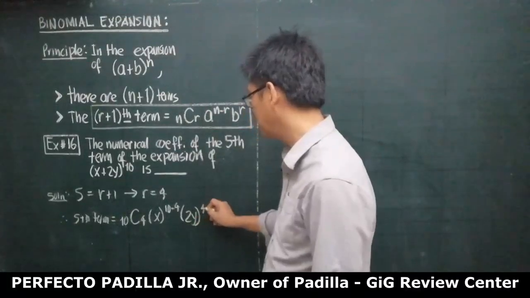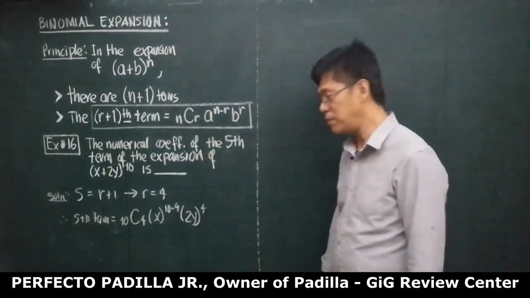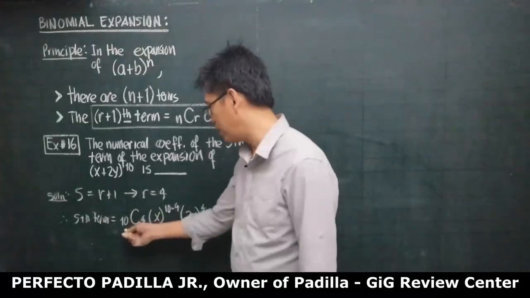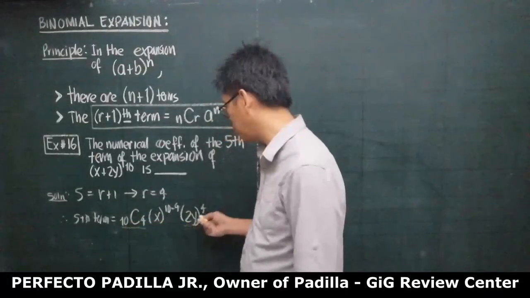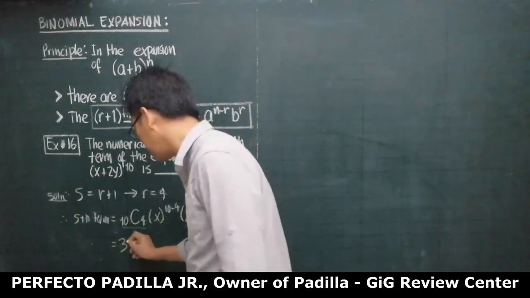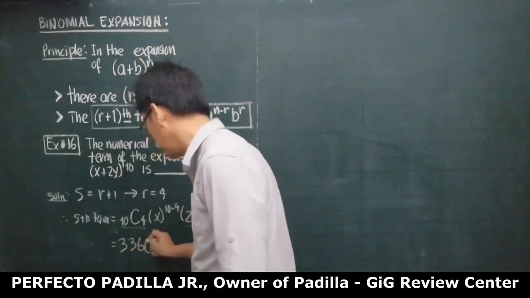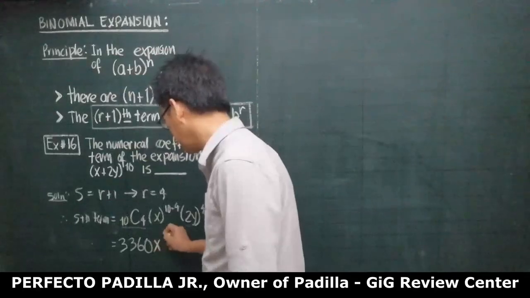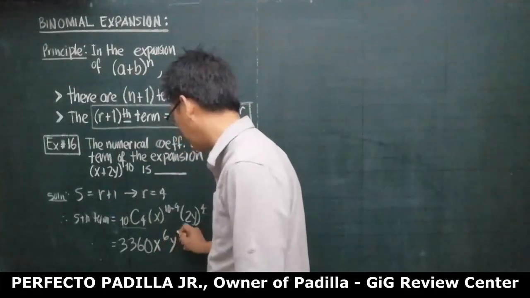R is 4. So, you simplify 10c4 times 2 to the 4. What you will be getting is 3360 x to the 6, y to the 4th.